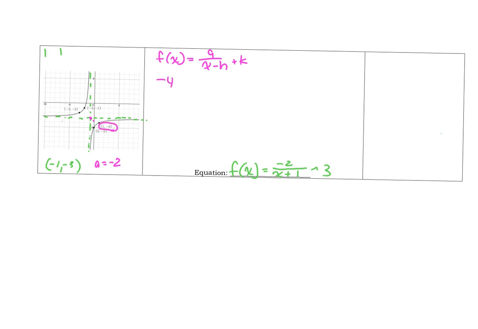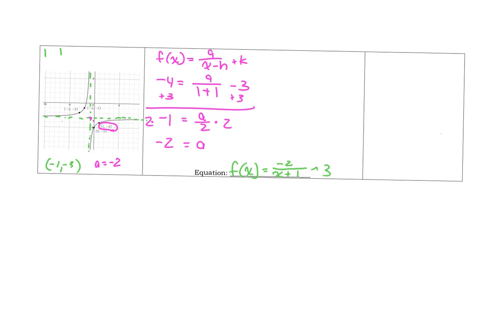So -4 is equal to a over 1 minus -1, minus 3. So I'm going to add the 3, which is -1 equals a over 2. Multiply both sides by 2, so a equals -2.